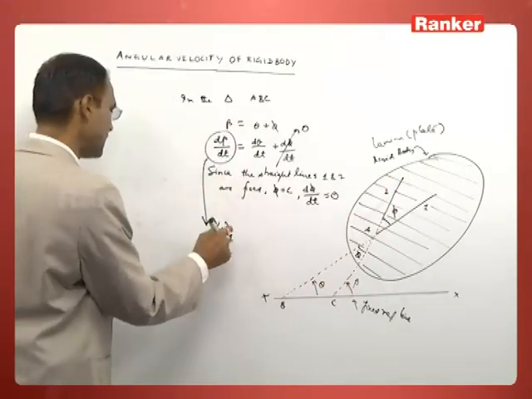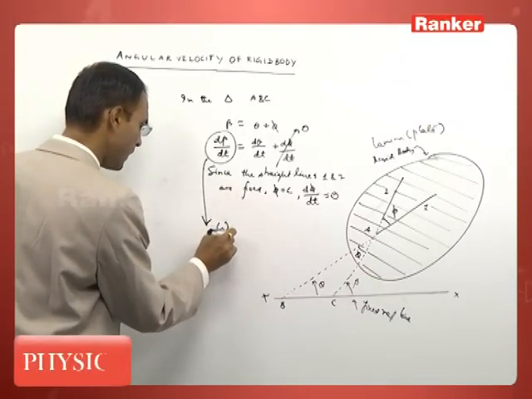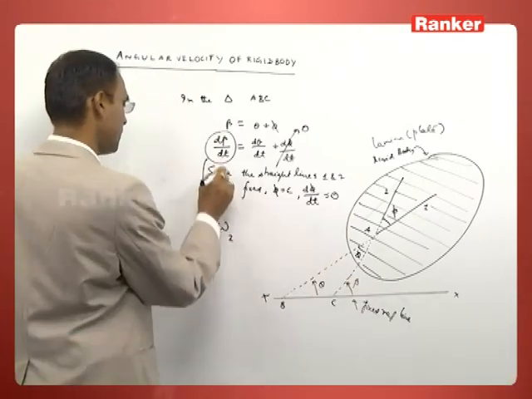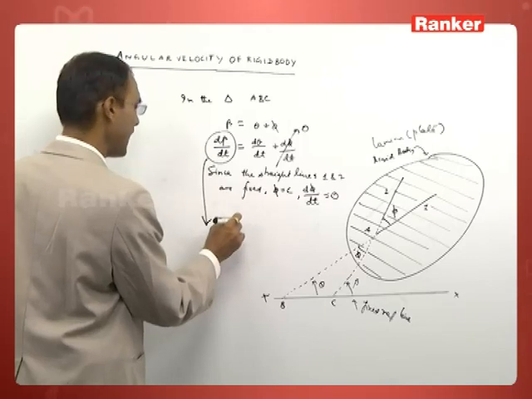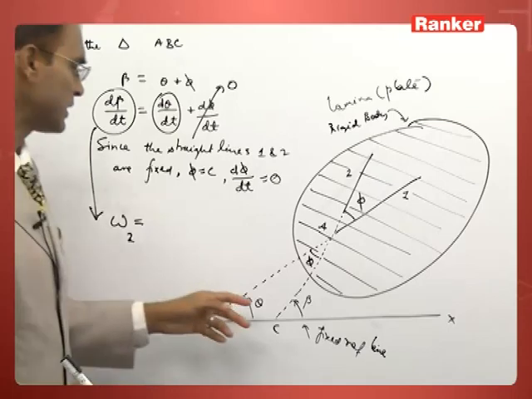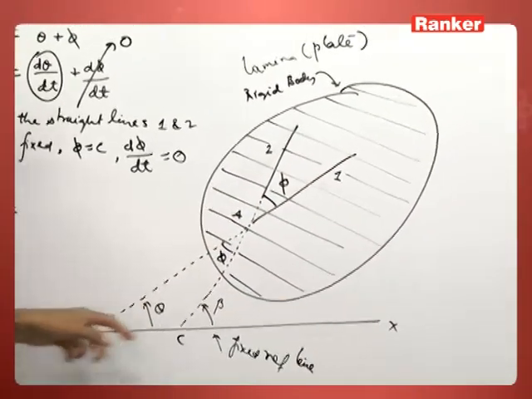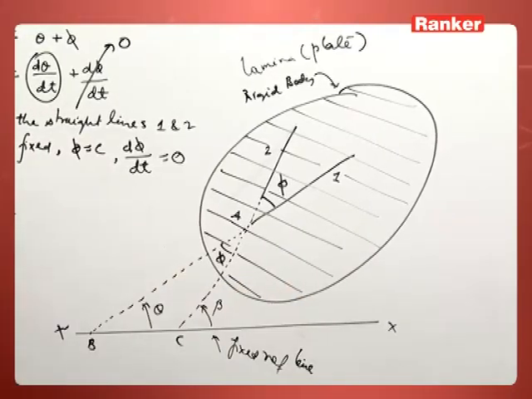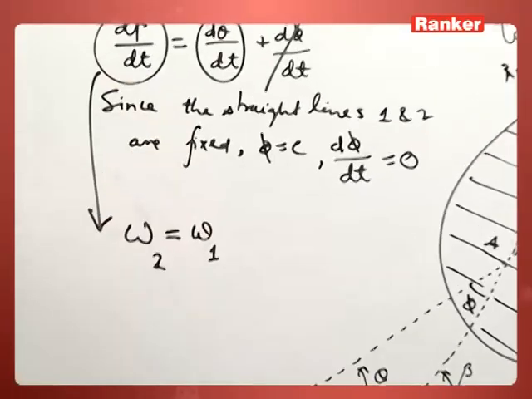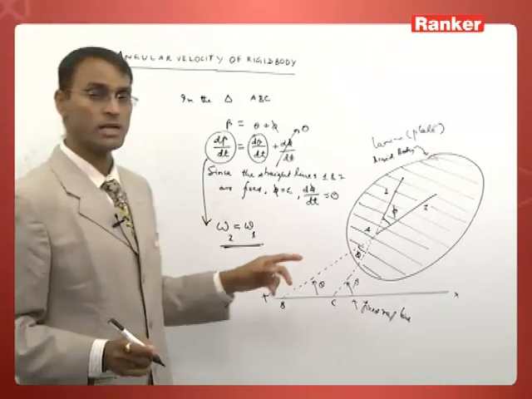So d beta by dt is the rate of change of the angular position of the straight line 2 with respect to this fixed line. That is the angular velocity of the line 2. That will be equal to d theta by dt, the rate at which the straight line 1 changes its angle of orientation theta with respect to the straight line x dash, and that is what we write omega 1. So these two angular velocities are exactly equal in both magnitude and direction.